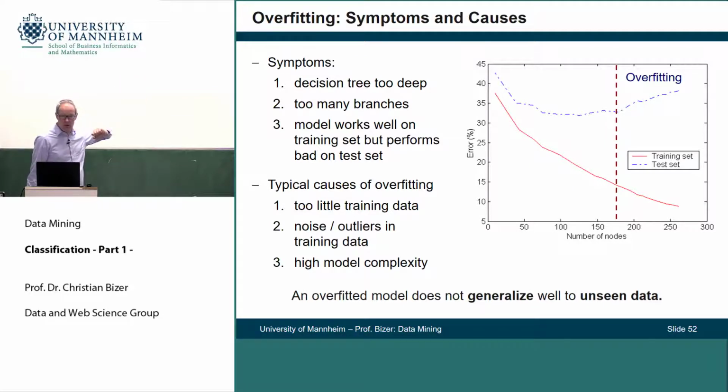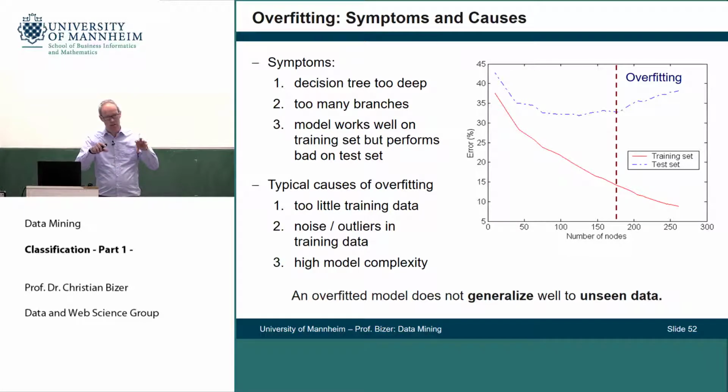what happens if a model overfits? So here we have the error rate of a model, how good it is at classifying unseen instances. And we have the number of nodes, so the size, the complexity of the model. What usually happens if we add additional nodes, if we make the model more complex, is that it works better on the training data.